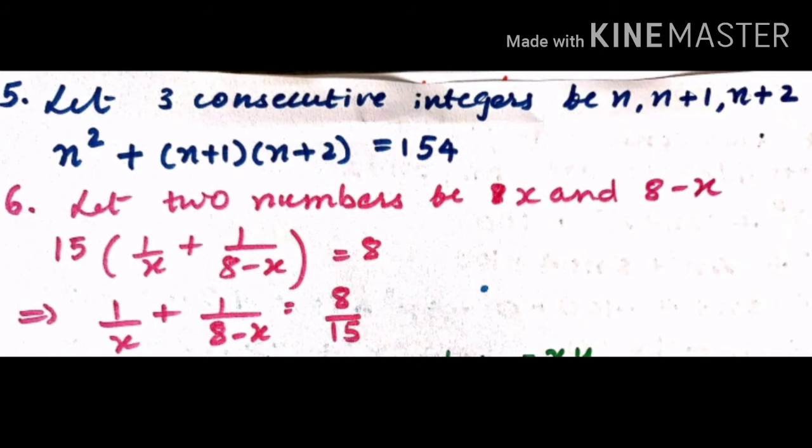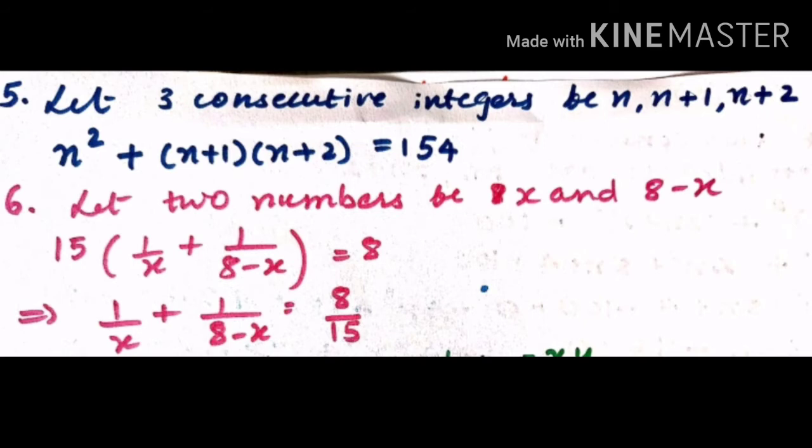So here they ask three consecutive integers. So I take let three consecutive integers be n, n plus 1, n plus 2. Why? Because consecutive means 1, 2, 3, like that, next to next. Okay, so first is n, so 1 is added to the second and 1 is added to the next, we get the consecutive integers.